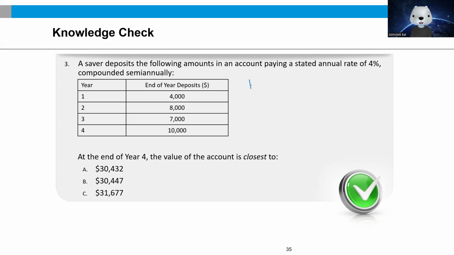So there are 4 investments being made. The first year, 4,000. Second year, 8,000, 7,000, and 10,000. At the end of 4 years, what is going to be the yield to this account?